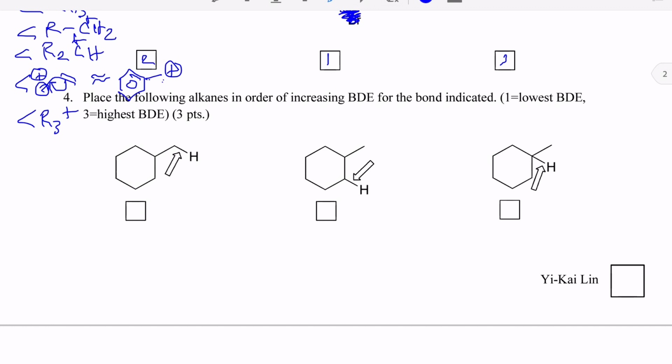When we look at this, the bond dissociation energy is inversely related to the stability of the radical that's formed whenever you break this type of bond. The radical would be formed in, say, a radical halogenation reaction, or radical bromination, for example. So let me just write that down.